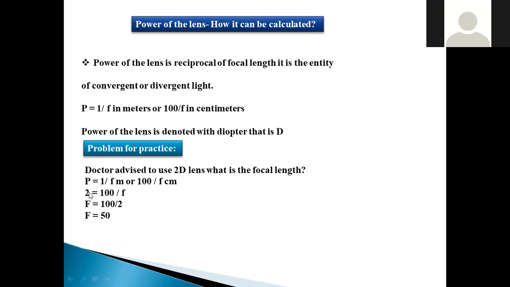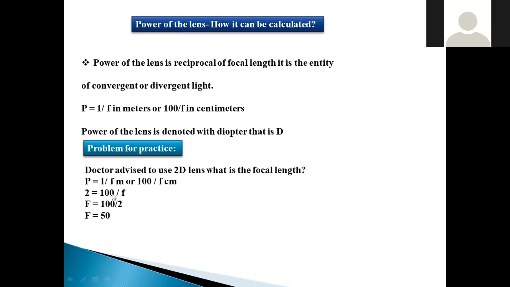In order to calculate that, we have the formula P is equal to 100 by F. P is given as 2D, that means 2 diopters. So 2 is equal to 100 by F. F needs to be calculated. F is equal to 100 by 2. Now 50 centimeters is the focal length for that kind of vision impairment.